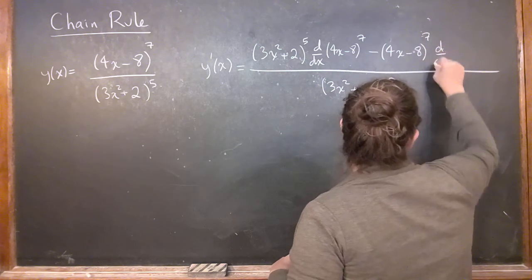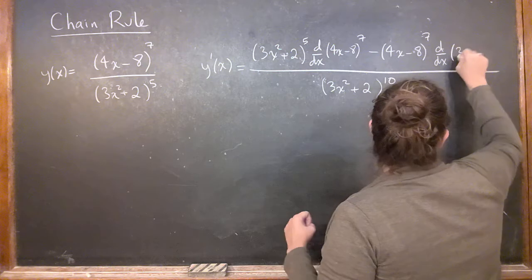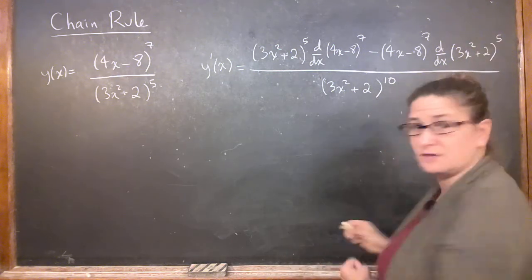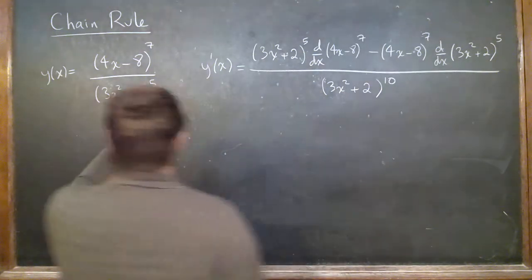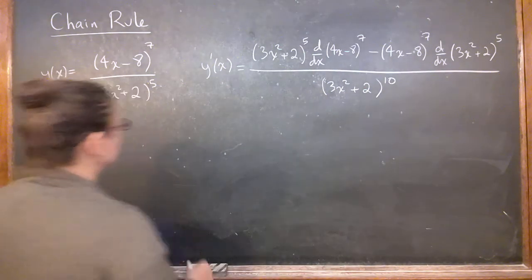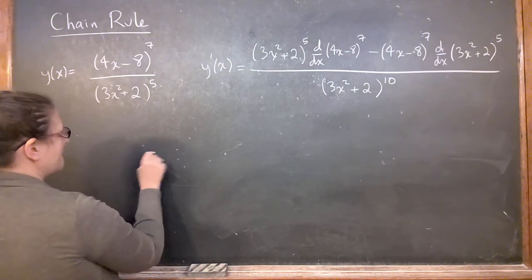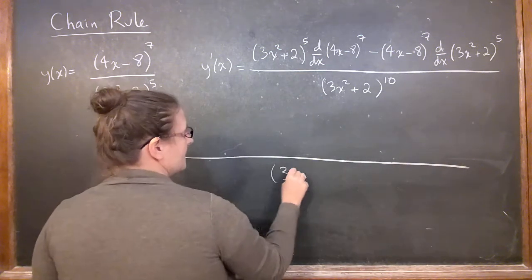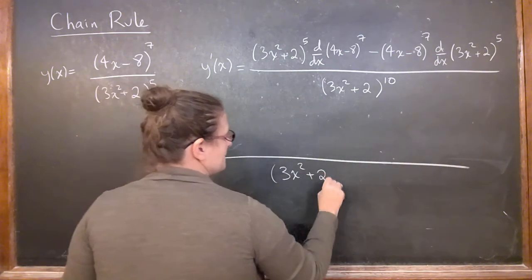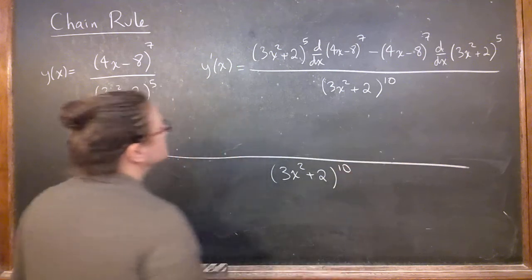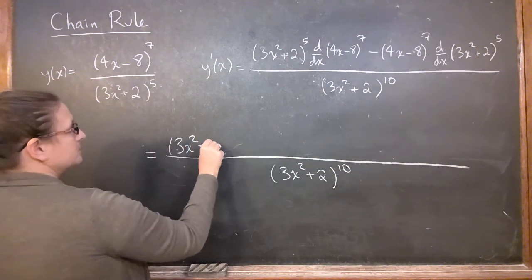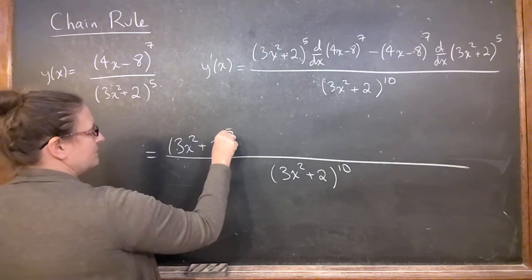And then the derivative of the bottom, which is the 5, right? So I'm going to come over here. We can see this a little better. So I end up with 3x squared plus 2 to the 5th.